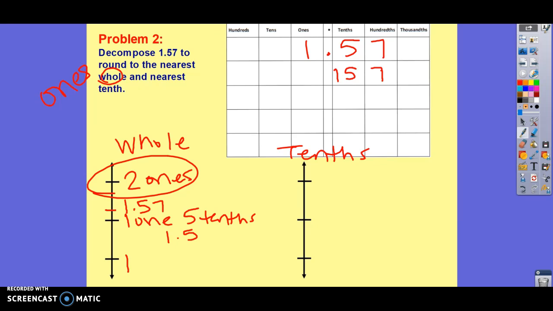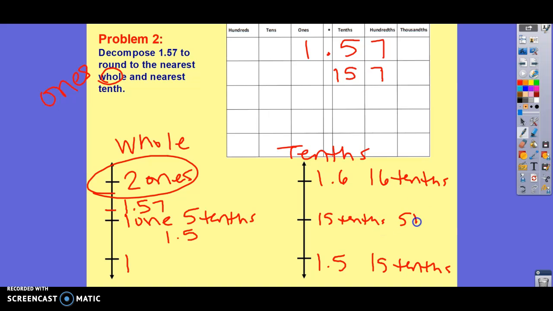We would round the tenths place, 15 tenths, 1.5, or 15 tenths. This is 1 and 6 tenths, or 16 tenths. What's the midway point here? We're looking at 15 tenths, 5 hundredths.